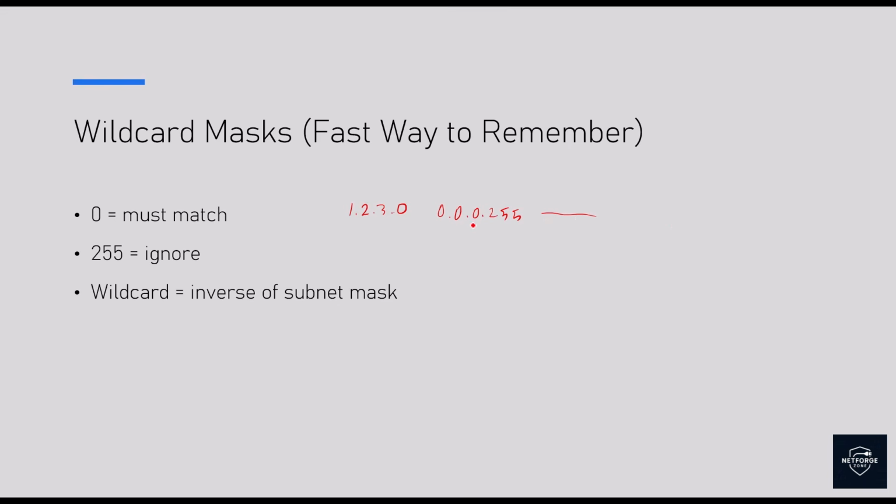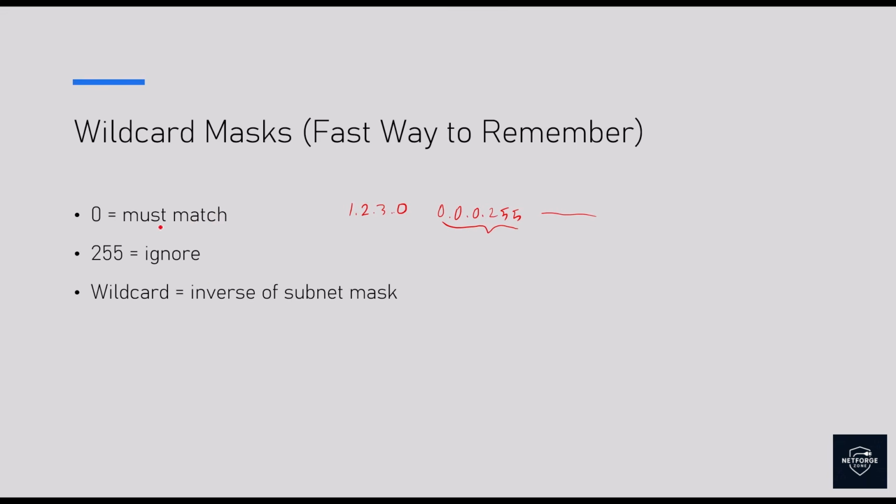I have already told you what wildcard mask is in previous videos. I have spoken about this in detail. A very simple solution is you just add this to your first network, and then you're going to have a range of IP addresses. For example, in this case, that's going to be from 123.0 up to 123.255, which means that this range of IP addresses are going to match this access list.